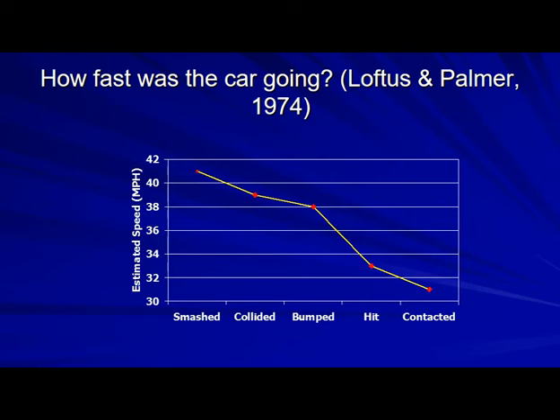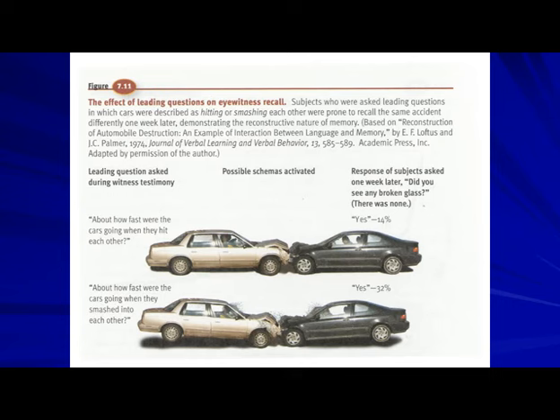So by changing the phrasing of this question, you can alter people's memories for the event. Not only were their speed estimates changed, so were their memories. That is, of participants who were asked how fast were the cars going when they hit each other, 14% remembered the presence of broken glass where there was none.